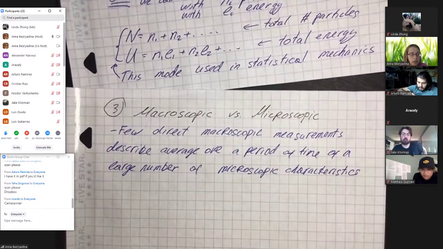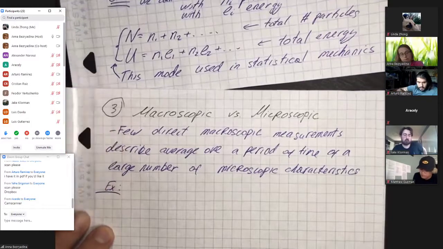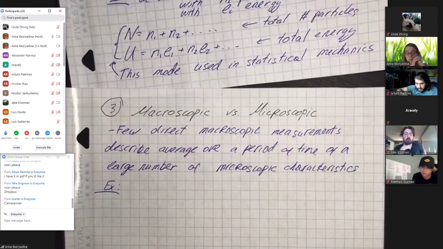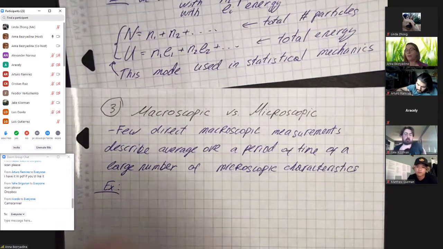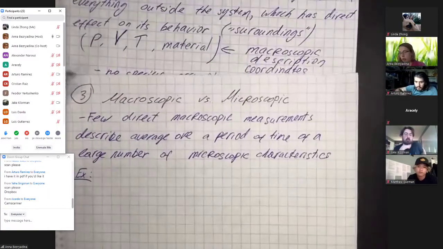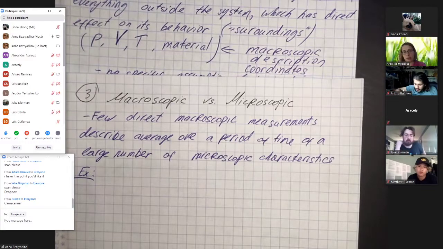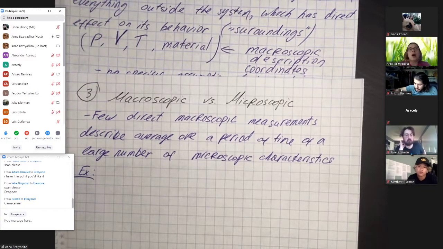So guys, could you tell me a few examples of it? Let's talk about a few macroscopic measurements. We talk about pressure, volume, temperature. So how can we look at them from the microscopic point of view?